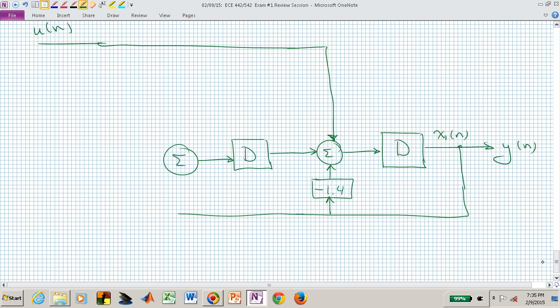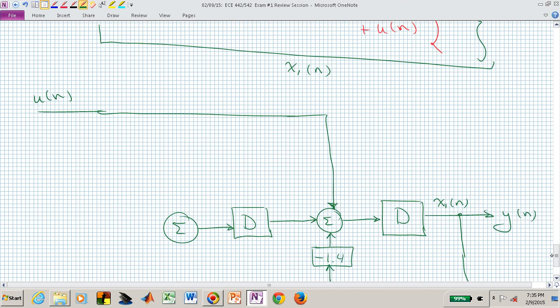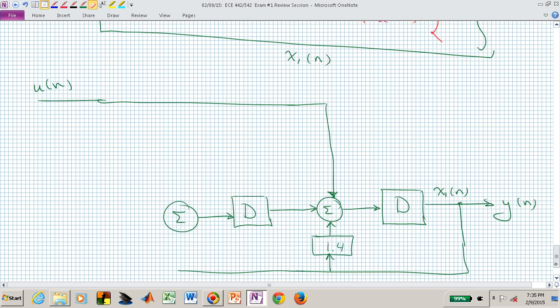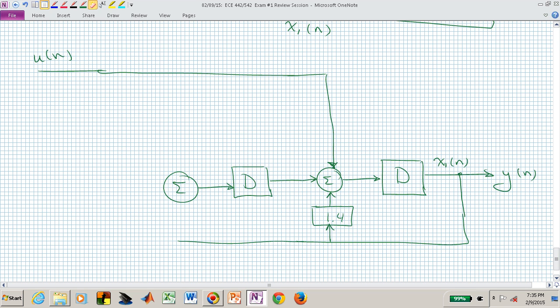minus 0.45. Whoops. Was there not a... You guys need to wake me up. I told you it was getting late. That was just a 1.4, no minus sign. Here I have a minus 0.45, and I have a 1 u of n.